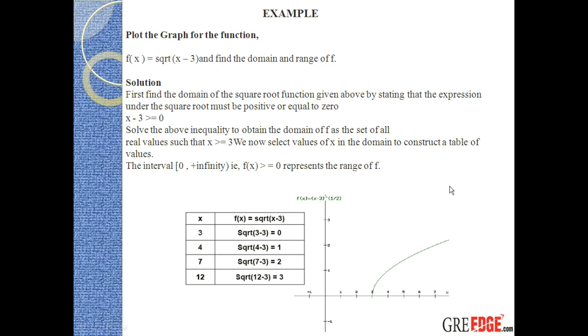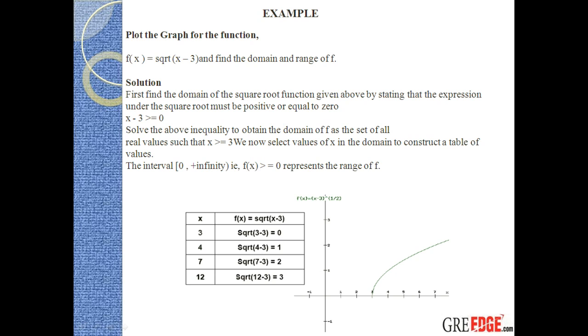When you give x minus 3 is greater than or equal to 0, you will get x is greater than or equal to 3. So the domain of x is greater than or equal to 3, that is the domain of the function. Okay, so now we have to find the range of the function f of x.